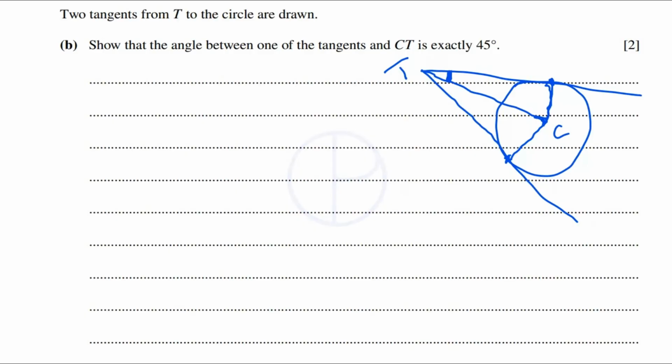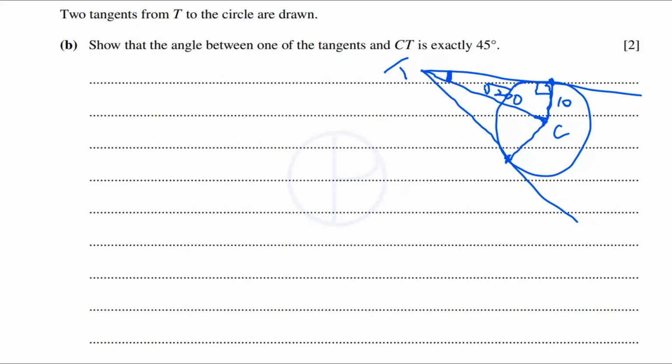This is the circle and the radius of the circle is 10. And we have calculated CT as square root of 200. And we know this is 90 degrees. The angle between a tangent and the radius is 90 degrees.